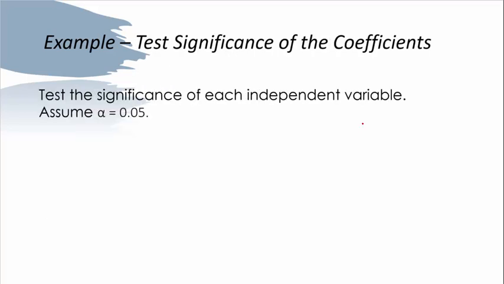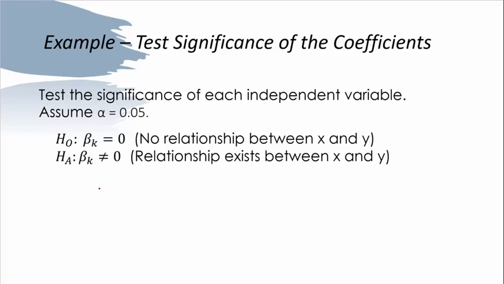Now we want to test to see if each of those x variables we've put in the equation have a significant impact on the y variable. We're still going to assume the 5% level of significance to conduct this test. The question we're trying to answer is, does the x really impact the y variable?